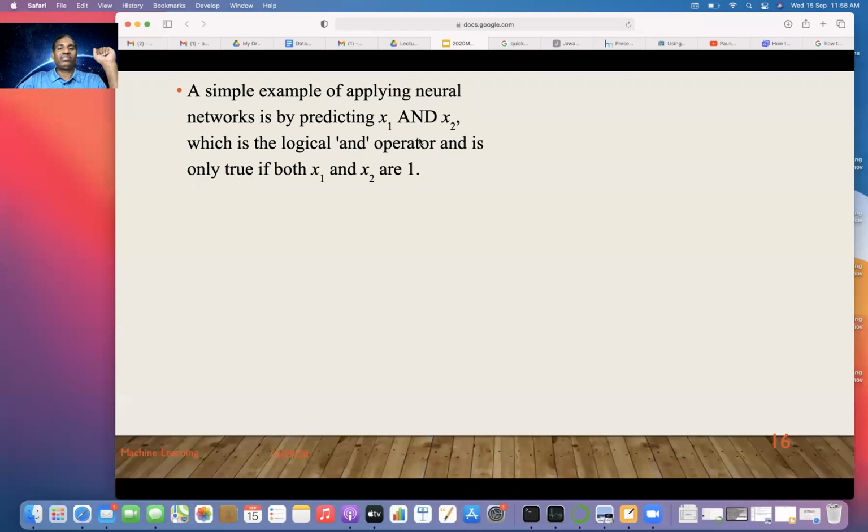The known problem is: if two inputs are given, x1 and x2, and you apply AND between x1 and x2, what is the truth table? Both inputs should be positive for the result to be positive. And even if one is not positive, it becomes negative, right? So that is how we get the network.